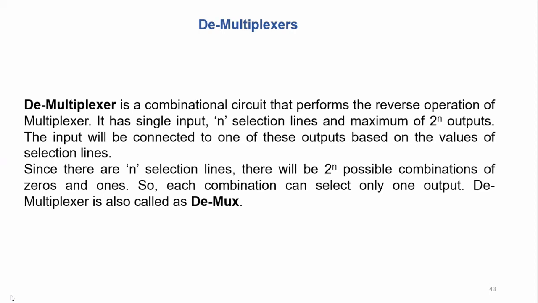Previously we have seen some selection lines S1, S2, then 3 selection lines S0, S1, S2. Since there are n selection lines, there will be 2 to the power n possible combinations of zeros and ones. Each combination can select only one output.